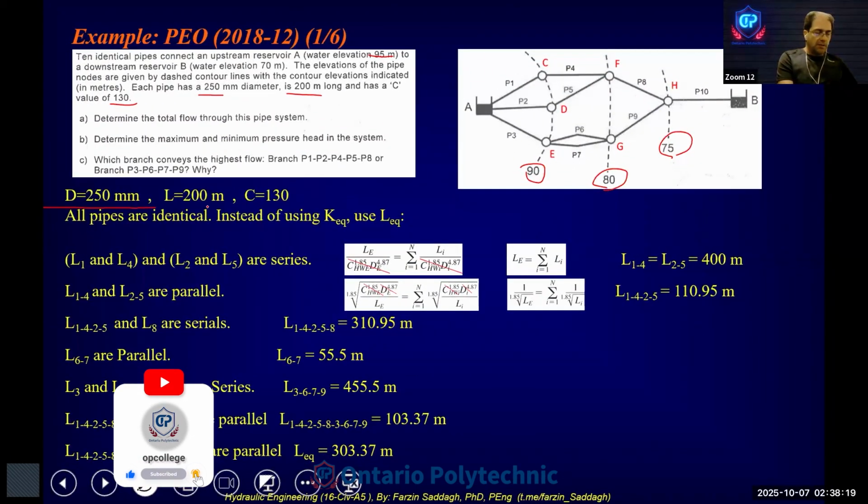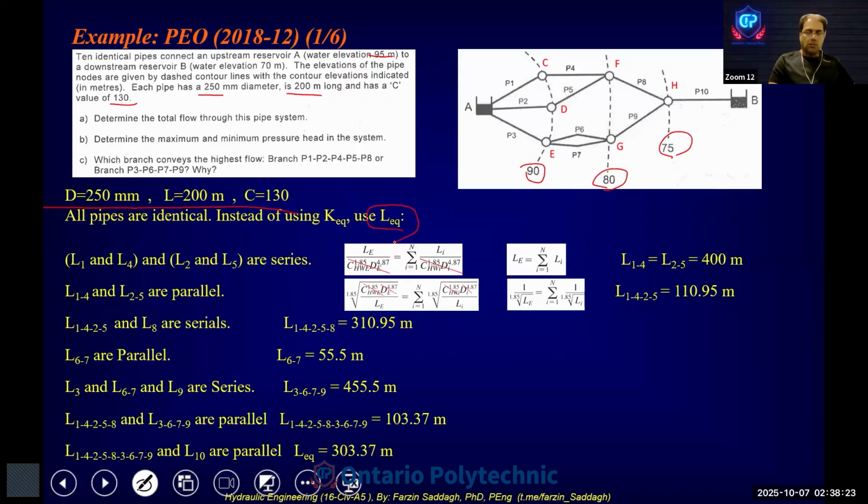We have these parameters for all pipes, and in this case we use L equivalent instead of K equivalent. First of all, for these pipes we have a serial condition, so L1 and L4, and also P2 and P5 are in series. We can calculate the equivalent for L1 and L4 and L2 and L5.